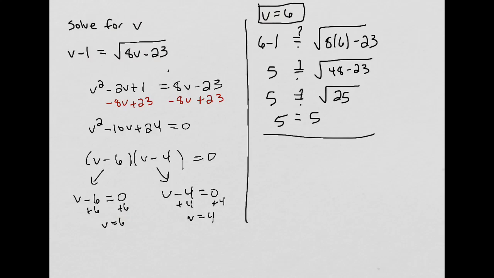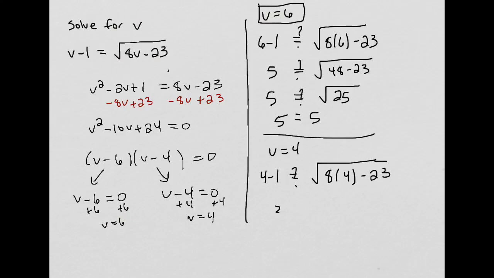The next one I want to check is v equals 4. If I plug my 4 in for my v's on the left-hand side, I'll end up with 4 minus 1 equals, and since I don't know whether they're equal again, I'm going to put a question mark through my equal sign, 8 times 4 minus 23.